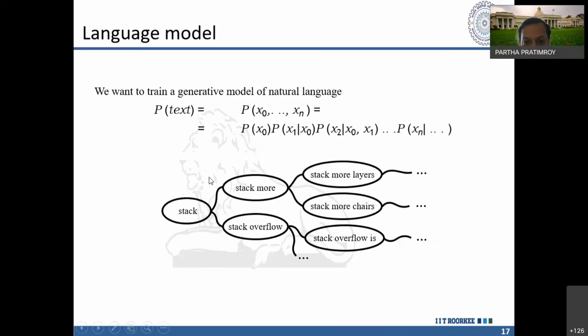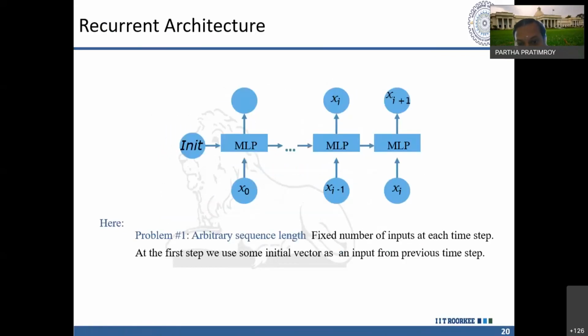Then where the previous-to-previous information is concerned, you are just considering a single word, like "more" giving "overflow". Where does the stack information, that word, get given? This information should be given in some form. That's why we need a sequence.